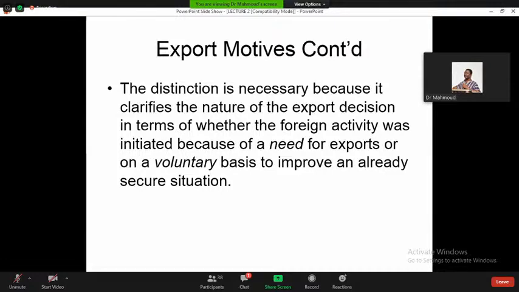Now, the distinction is necessary because it clarifies the nature of the export decision, in terms of whether the foreign activity was initiated because of a need for exports or on a voluntary basis to improve an already secure situation. So, for international marketers to decide, we want to know, were you forced or was it voluntary?